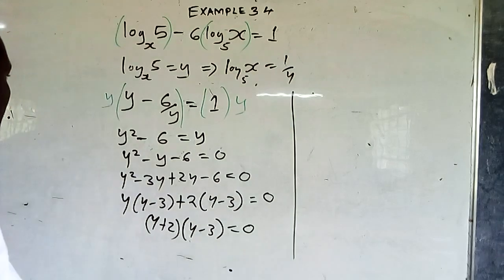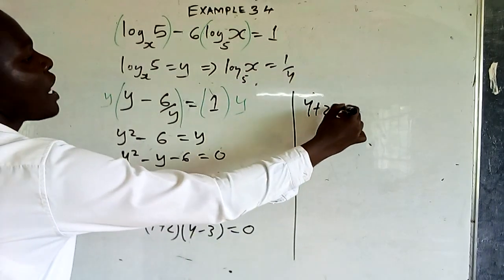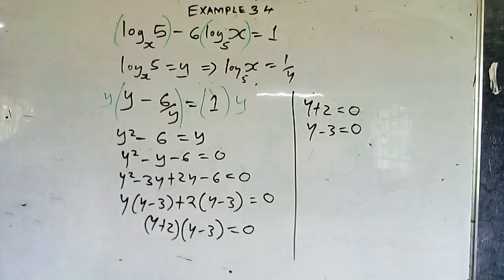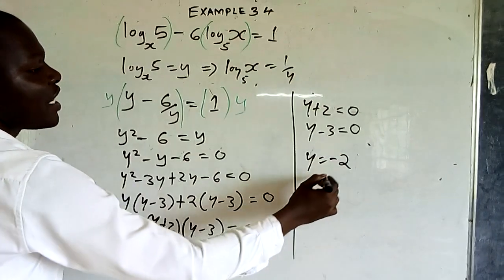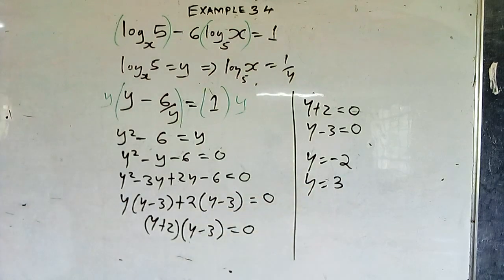What does that imply? It implies either y plus 2 equals 0 or y minus 3 equals 0. So what is y? The first solution is y equals negative 2, or y is positive 3. Once you have found the two values of y, then you now get x.